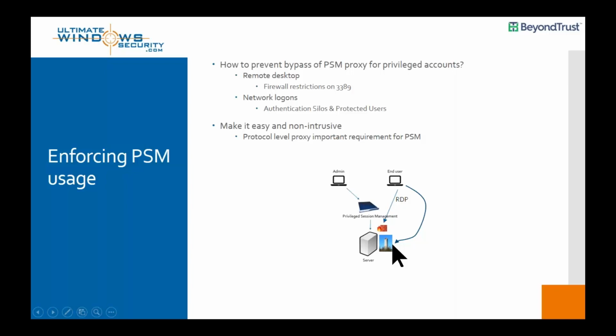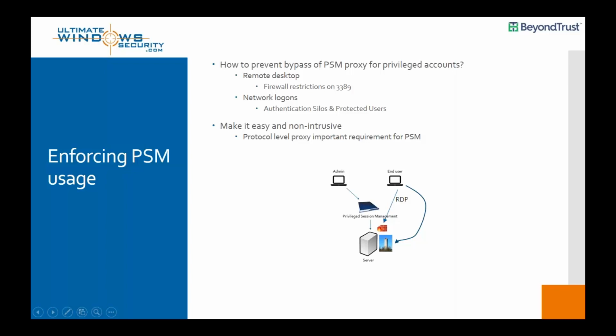Authentication silos, and that's something we've talked about in previous webinars, but it's that combined with protected users allows you to say that, first of all, if I'm a member of protected users, the only way you can log on to this computer is via Kerberos, and since it's going through Kerberos, then the domain controller gets an opportunity to check to see if your user account and your endpoint and that server are all part of the same silo.